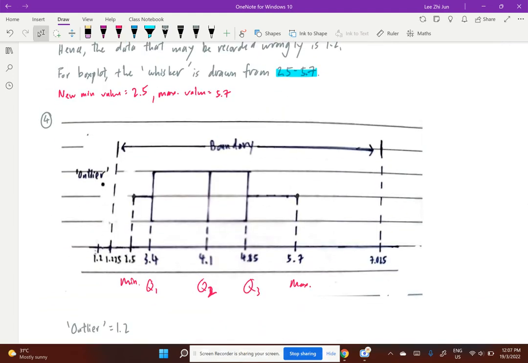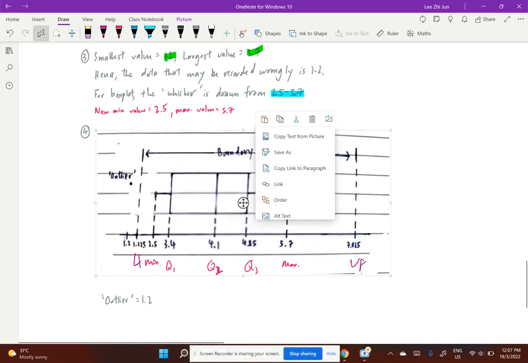In order to not get confused, you can rewrite the new min value as 2.5. So lastly, this is the lower fence and upper fence. And the outlier is 1.2 because it falls outside the fence. So here's the answer.